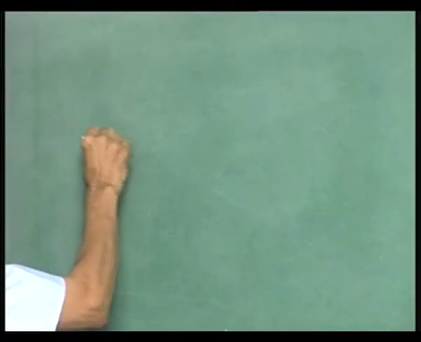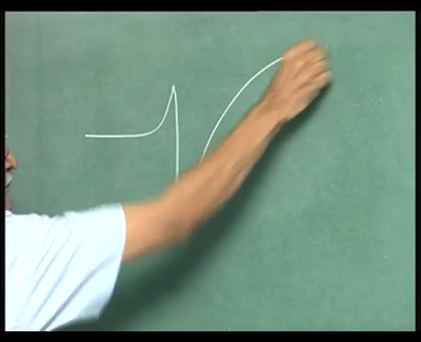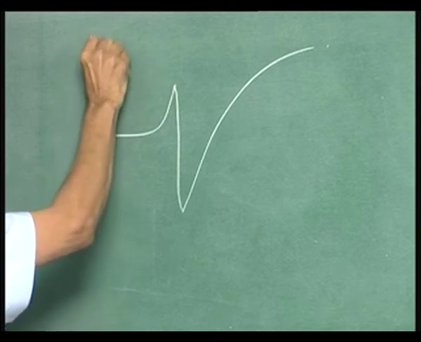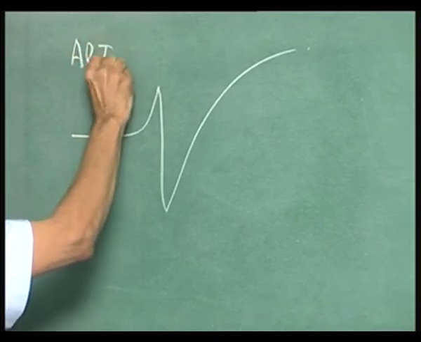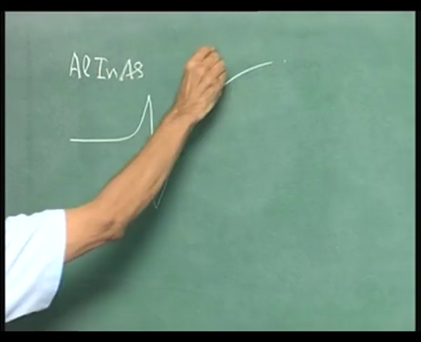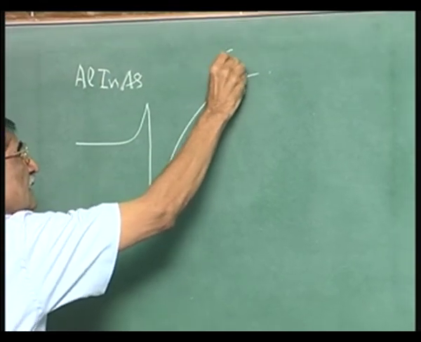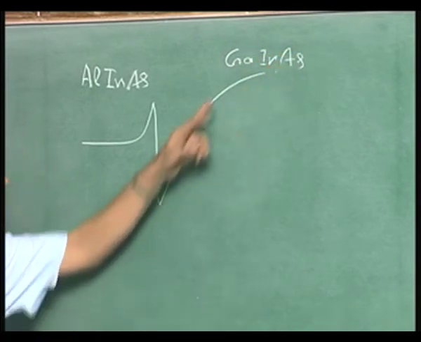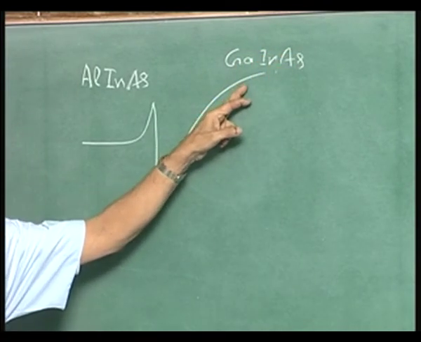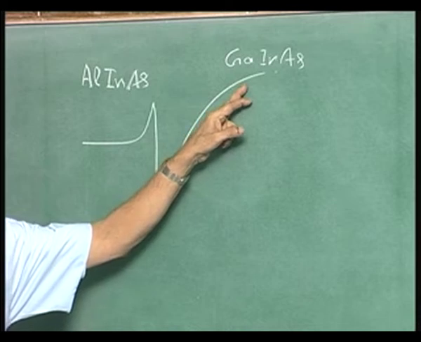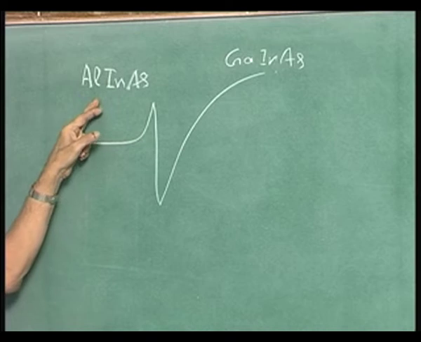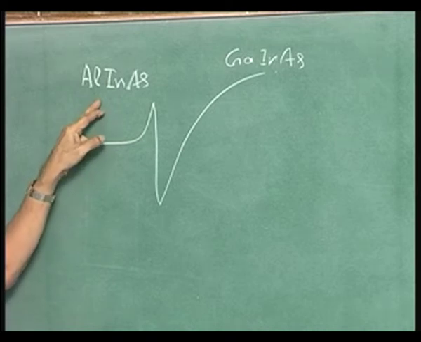Supposing I have this aluminum indium arsenide and this gallium indium arsenide, with gallium 0.47 here, indium 0.53, aluminum 0.48, indium 0.52.